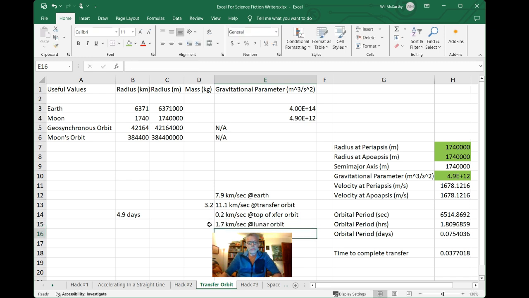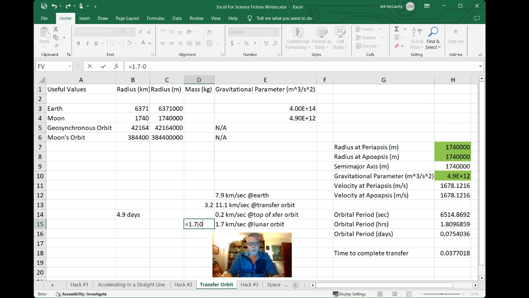This is another delta V that we have to put in. So, 1.7 minus 0.2, that's 1.5 kilometers per second. So this is the delta V that we need. This is the change in velocity that we need to circularize our orbit when we get to the moon.